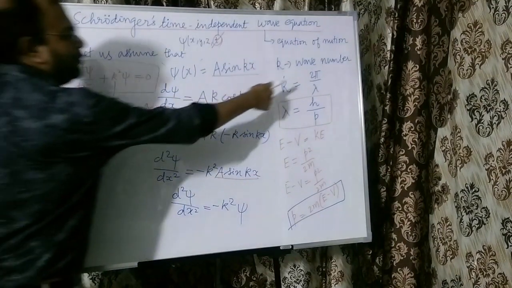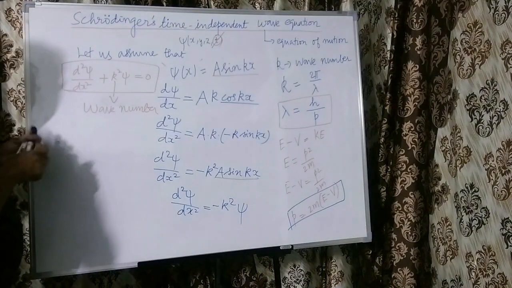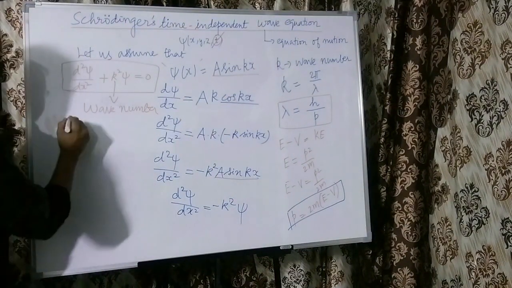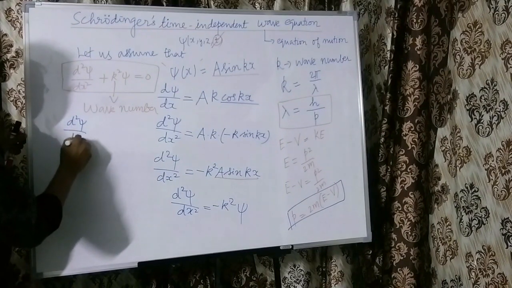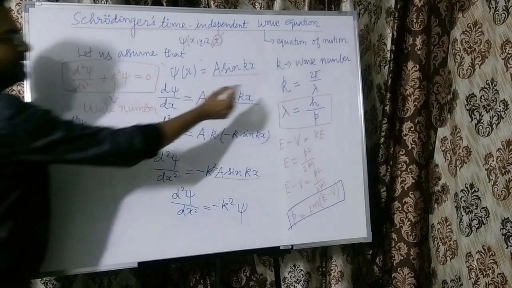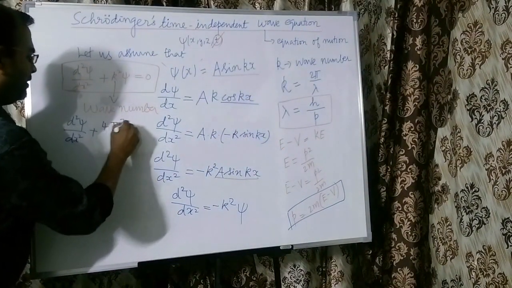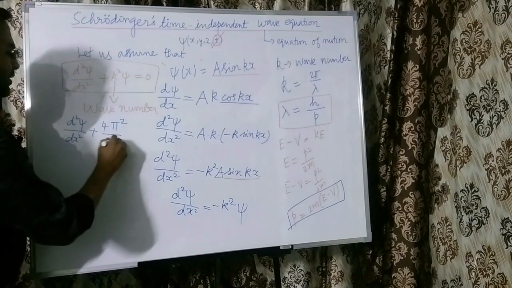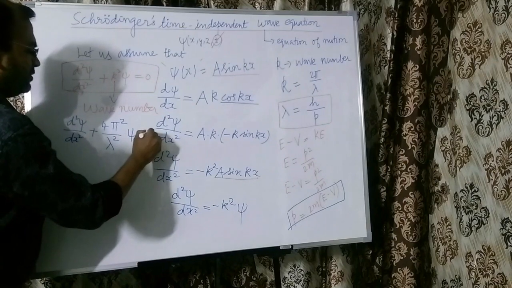So we can substitute 2 pi over lambda in this position to again write this as d square psi by dx square plus, squaring the whole thing, 4 pi square by lambda square psi is equal to 0.